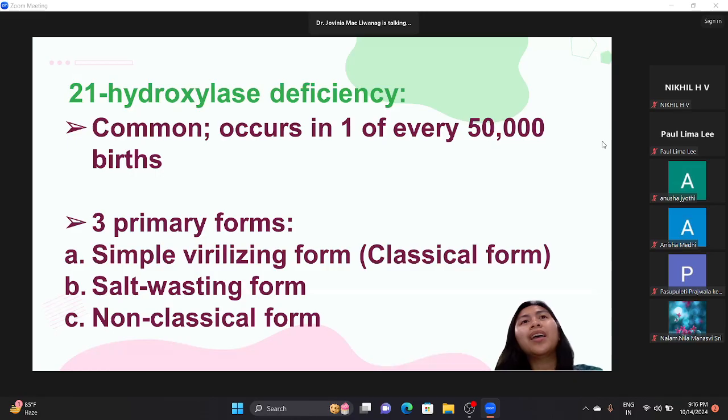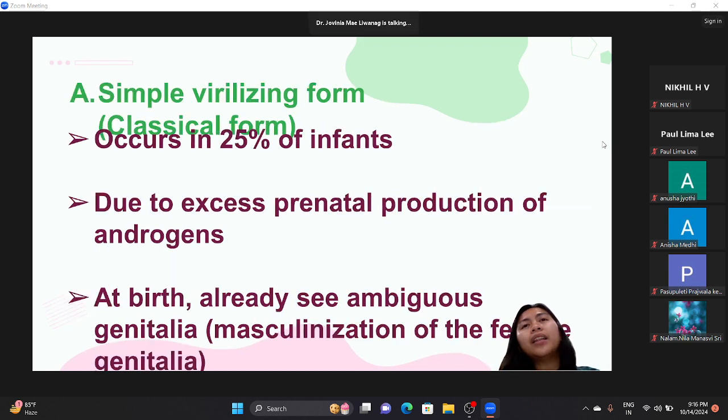In 21 hydroxylase deficiency, there are actually three primary forms: the simple virilizing form, which is the classical form, the salt wasting form, and the non-classical form. You will not need to recall that; it's already a deep topic. So let's just check the simple virilizing form, the classical form.